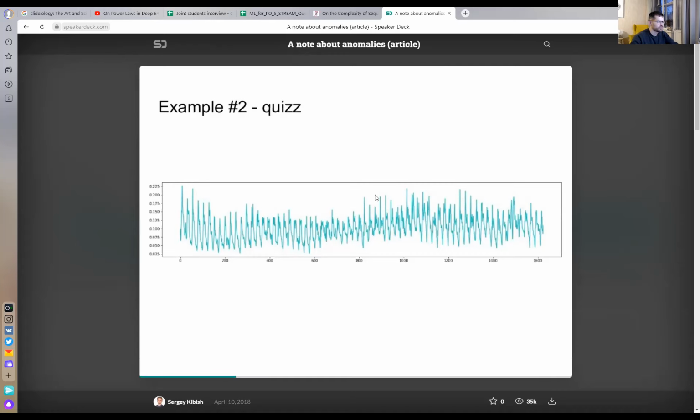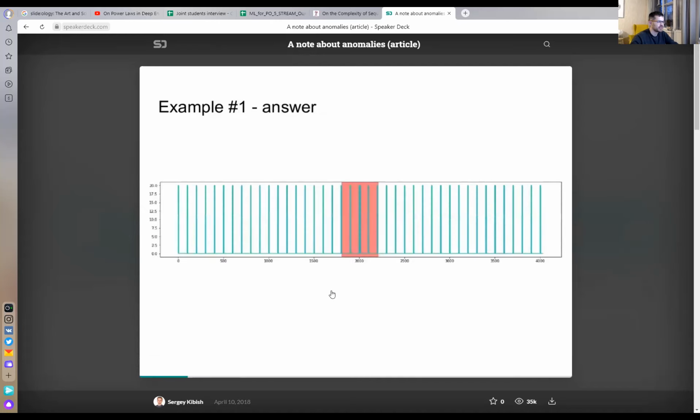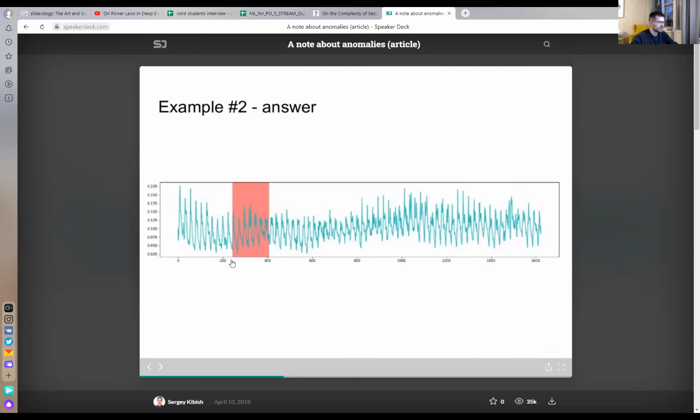Okay, so we have many answers. Yeah, I think the most popular guess is something like 700, but let's see what's the right answer here. And as we see, here we have an anomaly, and okay, it's not quite clear why this is an anomaly.